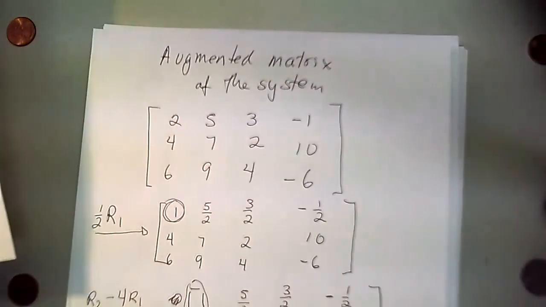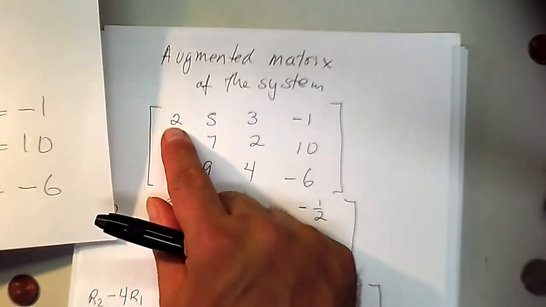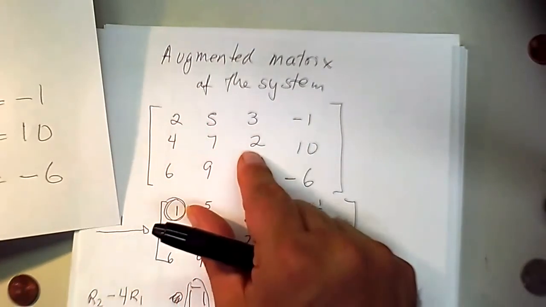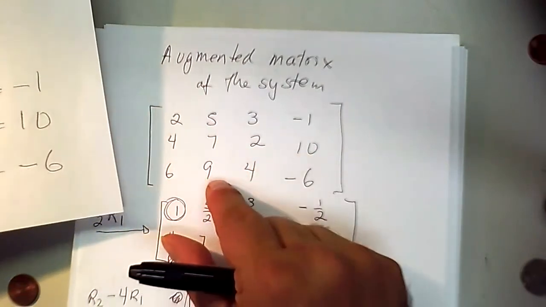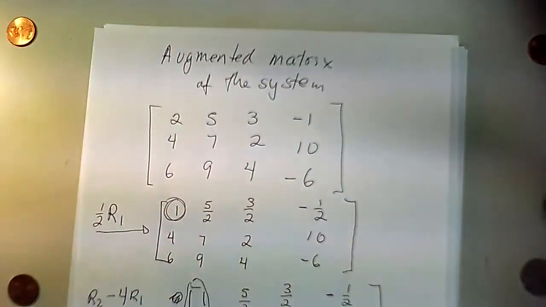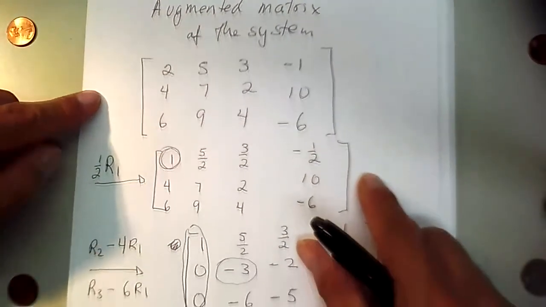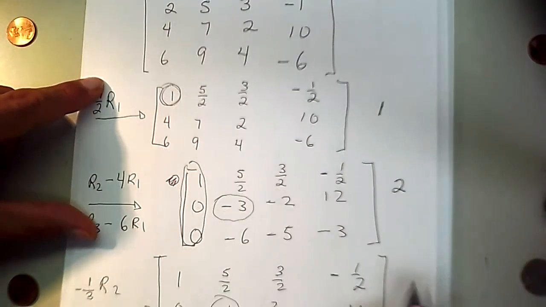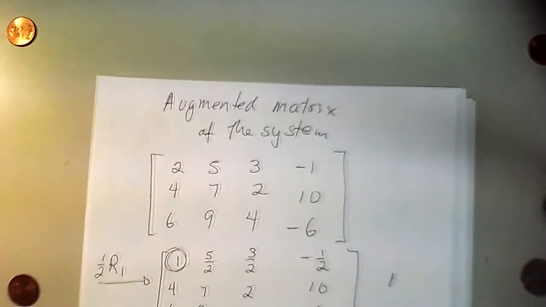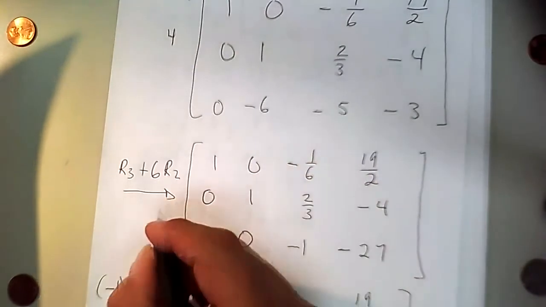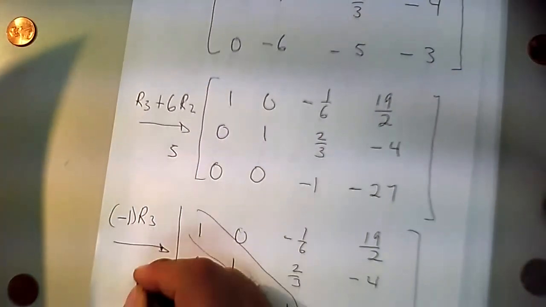First, the first thing to check is whether the coefficients were written correctly. 2, 5, 3, negative 1; 4, 7, 2, 10; 6, 9, 4, negative 6. And then we're going to label the steps. So this is step 0, step 1, step 2, step 3, step 4, step 5, step 6.